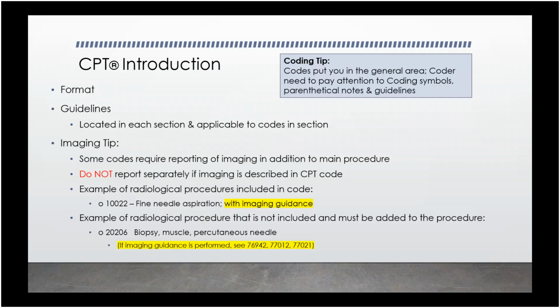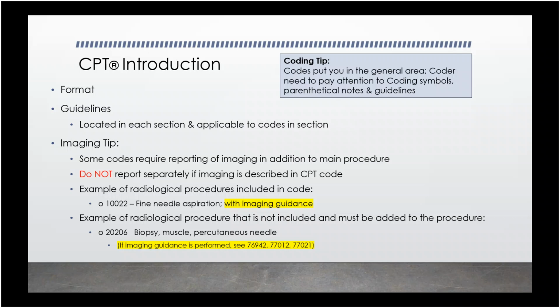So our format, what we're looking at, guidelines. We have guidelines located in each section at the beginning, plus throughout each section, such as the surgery section, where we have them applicable to codes in selected areas. Imaging tip here: some codes require reporting of imaging in addition to the main procedure.